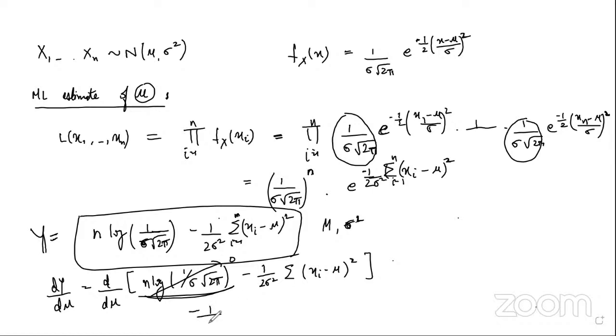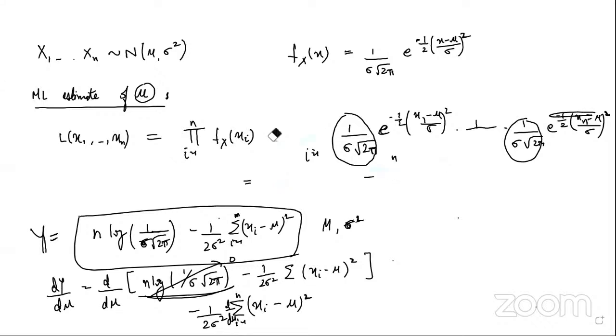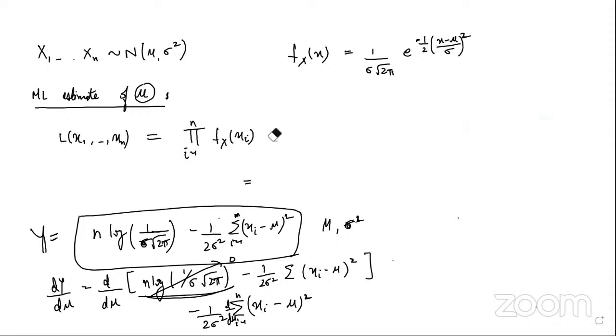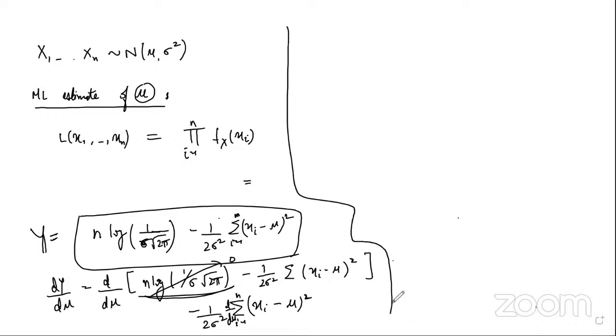In the second term, minus 1 upon 2 sigma square is a constant, so you can keep it out, and you have to differentiate the sum of (xi minus mu) whole square, i varying from 1 to n. So what is left is 1 upon 2 sigma square times d upon d mu of the sum over (xi minus mu) whole square.